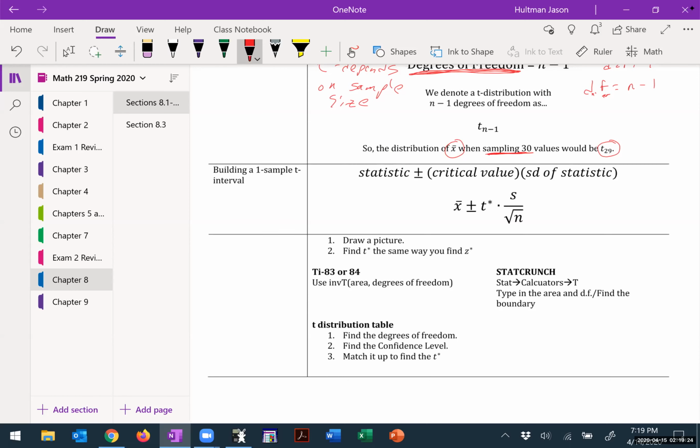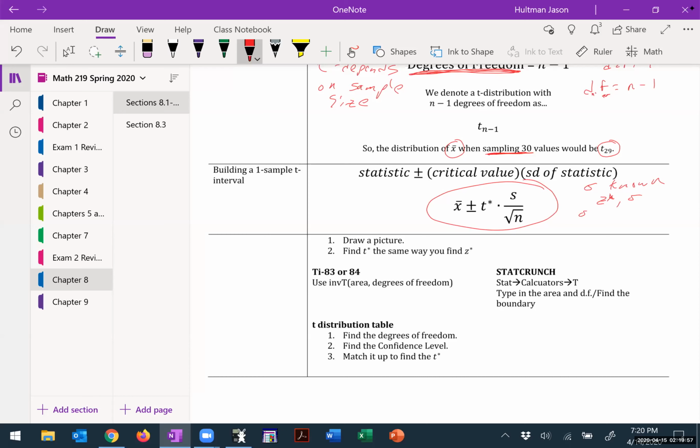Okay, so to build a one sample t interval, very similar to what we did before. But this time, we have a t star and we have an s, whereas before we had z star and we had sigma. So if sigma is known, then we have z star and sigma.